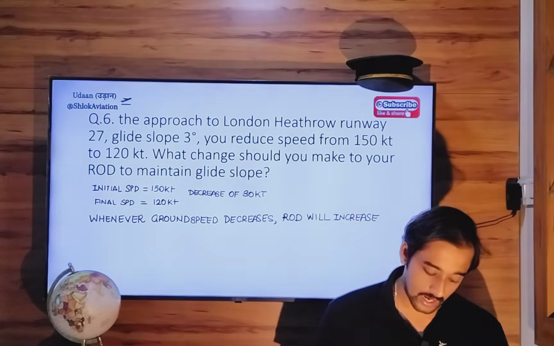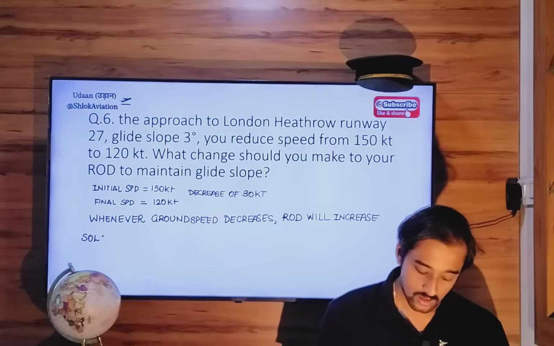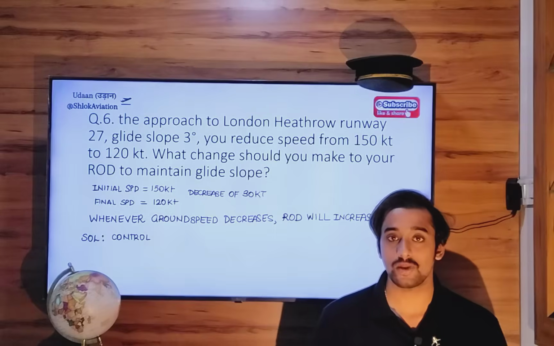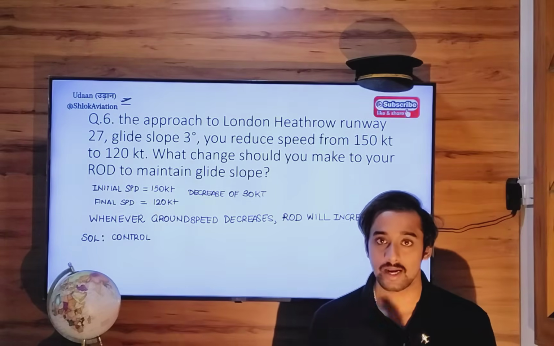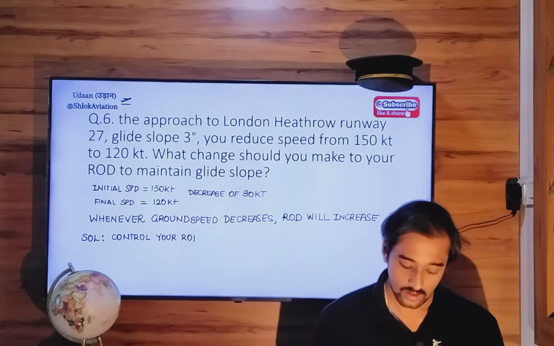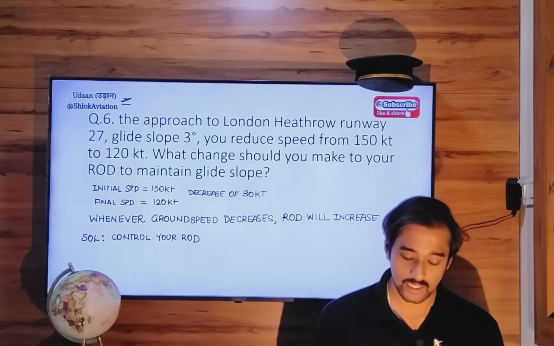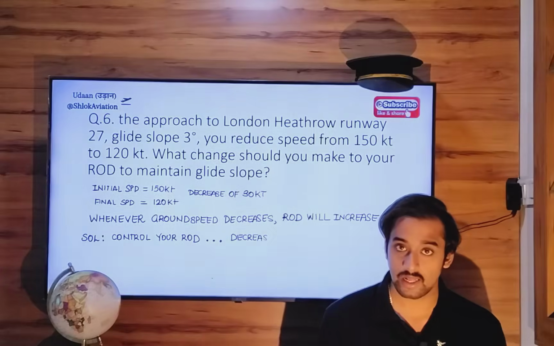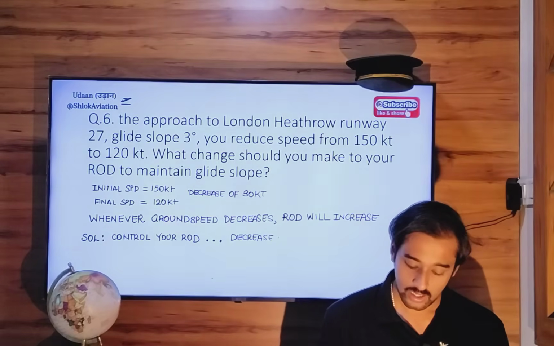The solution is to control your rate of descent or stop it from increasing. Anticipate, be ready, take action. In other words, decrease your rate of descent. If you don't, your rate of descent will increase and you will undershoot.